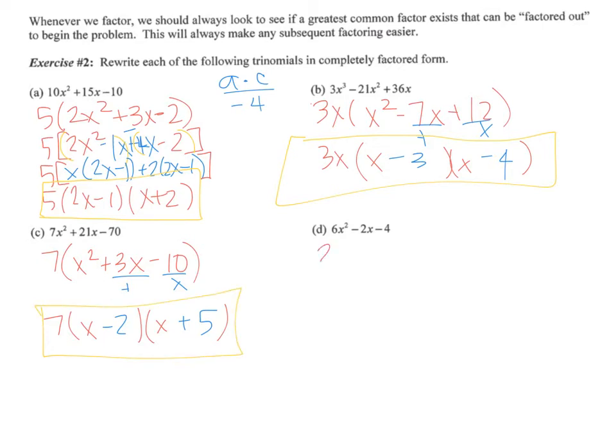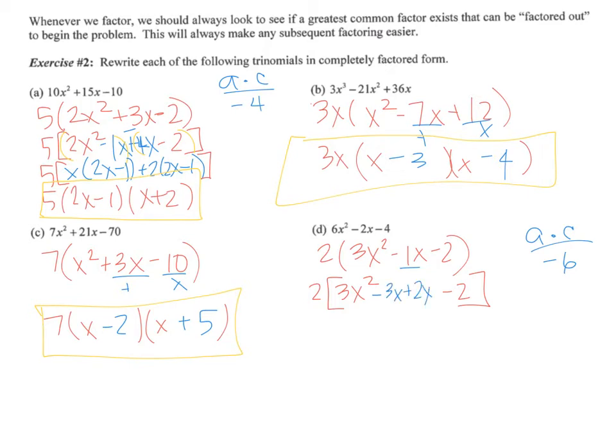And our last one, 2 goes in all of them. So 3x squared minus 1x minus 2. We have to use the AC method for this one. So 3x squared and negative 2 stay. Our A times C, 3 times negative 2 is negative 6. So multiplies equal negative 6, adds to equal negative 1. We'll have a negative 3 and a positive 2.